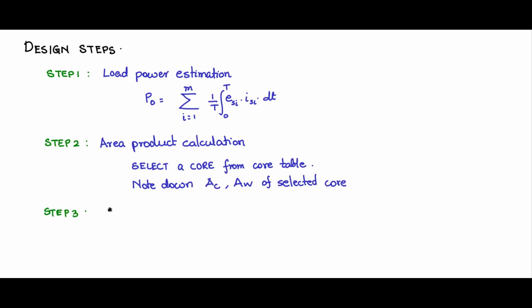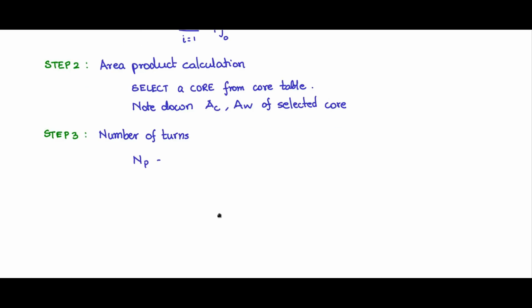Next, step 3. In step 3, we have to evaluate the number of turns. NP is given by the primary voltage, half cycle average, divided by 2 AC delta B Fs. For the secondary windings, NS of the ith winding is given by the voltage of the ith secondary, half cycle average, divided by 2 AC delta B Fs.